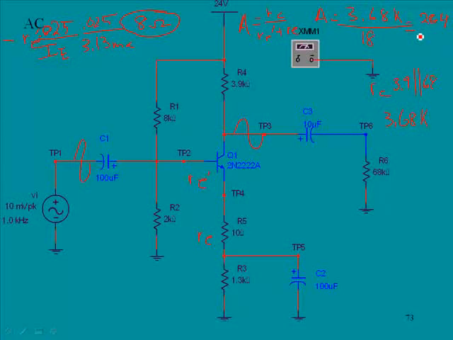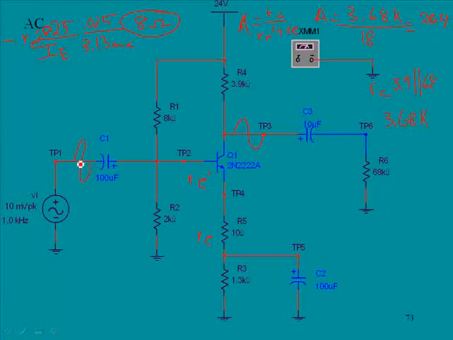But the gain would be much more predictable as well. So these are the values that we would expect. So let's look at using Ohm's law. Why don't we continue in looking at this circuit?